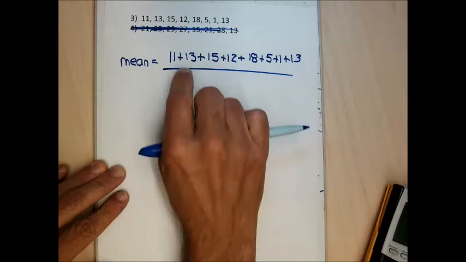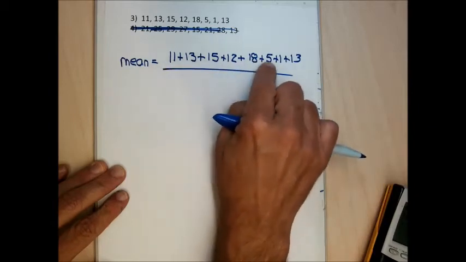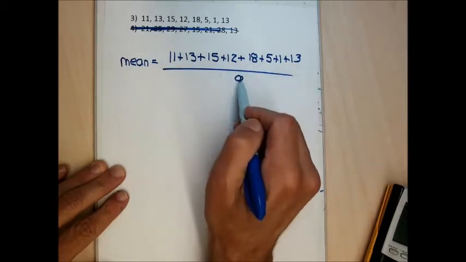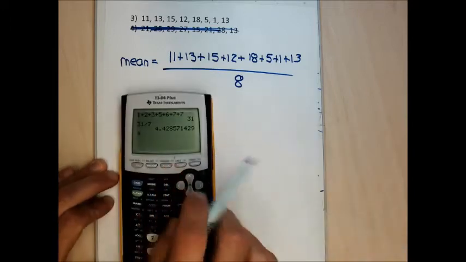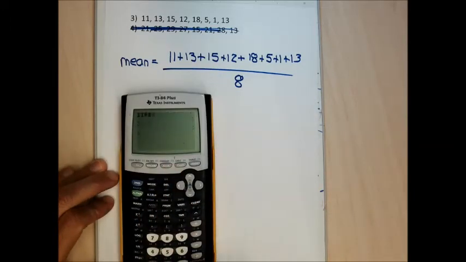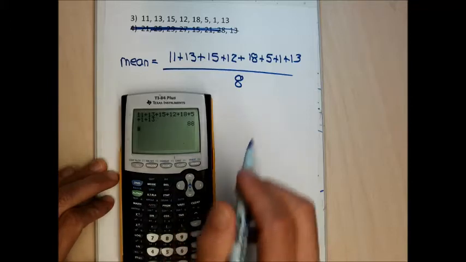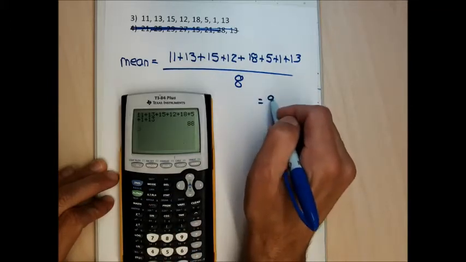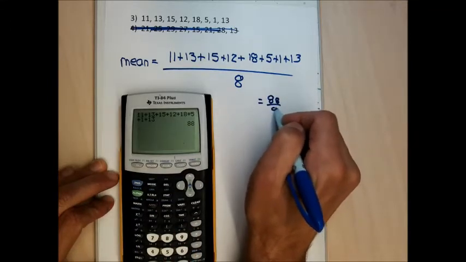And I'm going to divide by 8. I'm going to find the numerator first by going 11 plus 13 plus 15 plus 12 plus 18 plus 5 plus 1 plus 13. And I get 88. So this is going to be 88 divided by 8.